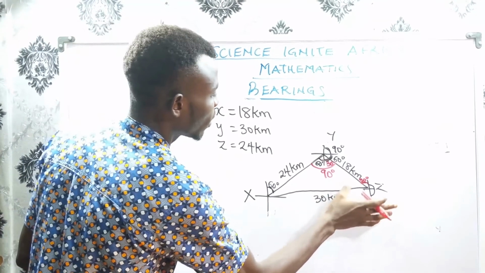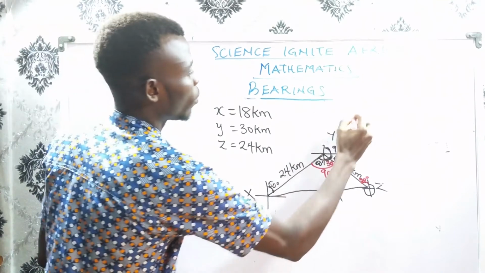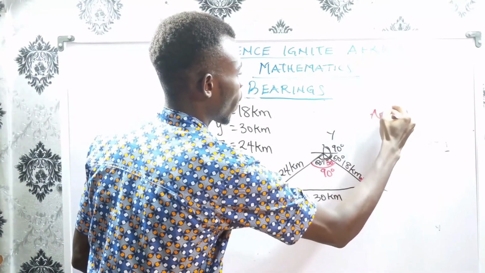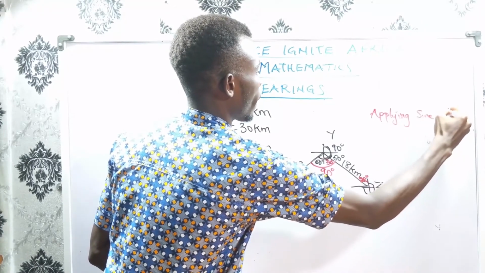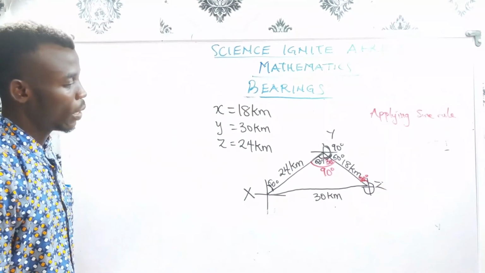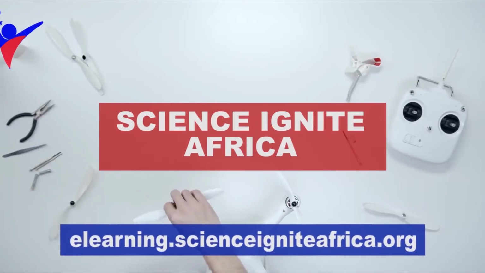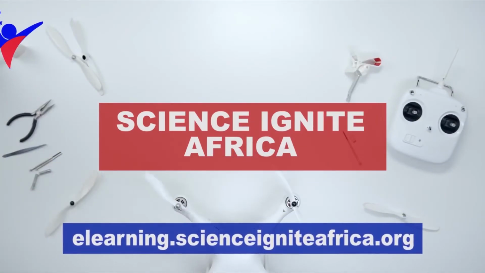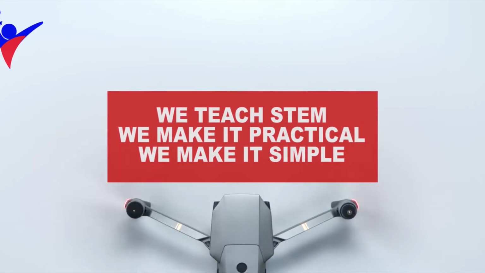To look for z, we can apply our sine rule in this case. Applying the sine rule, we already have an angle with this, then we can decide to switch with this and this. That becomes y over sine y equals z over sine z.